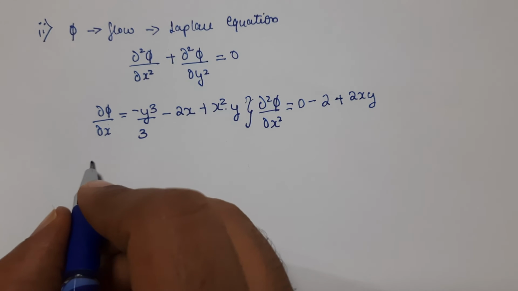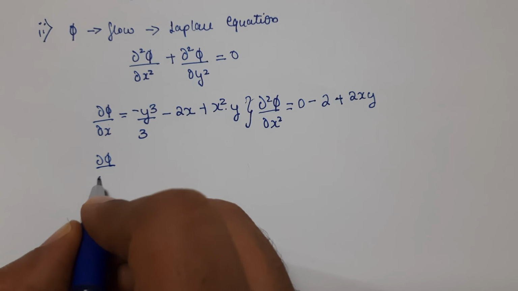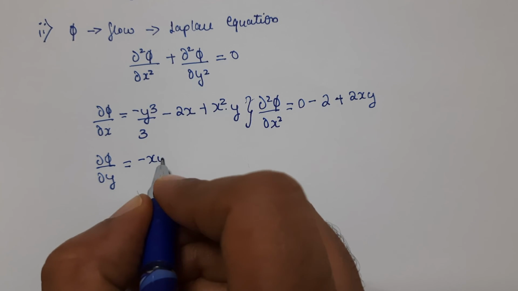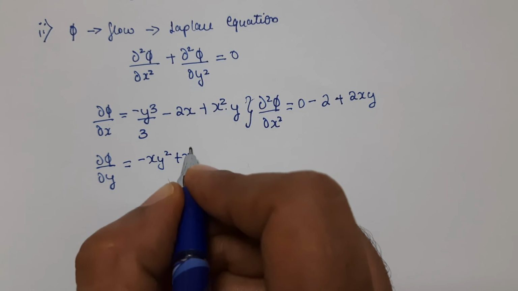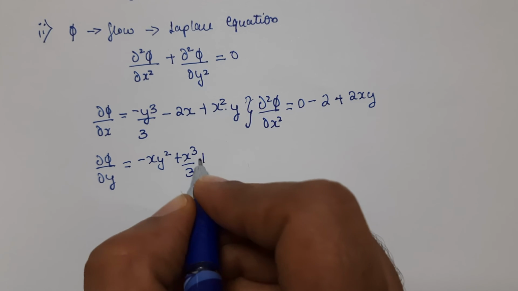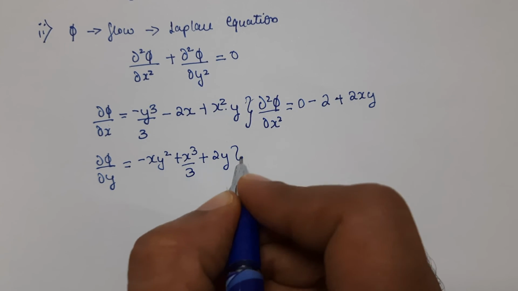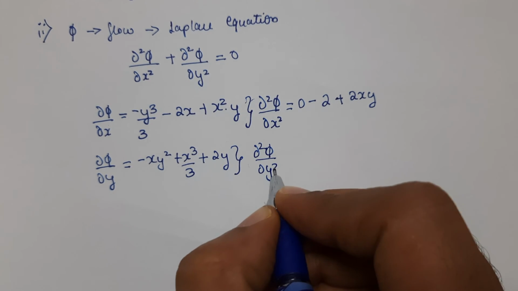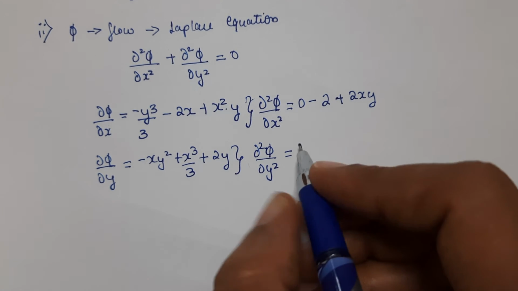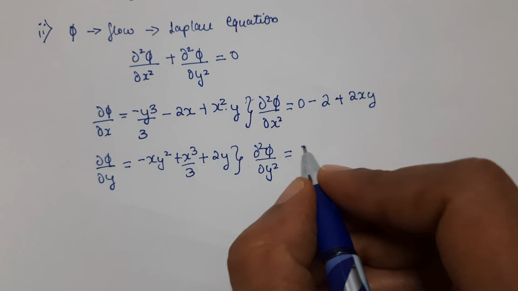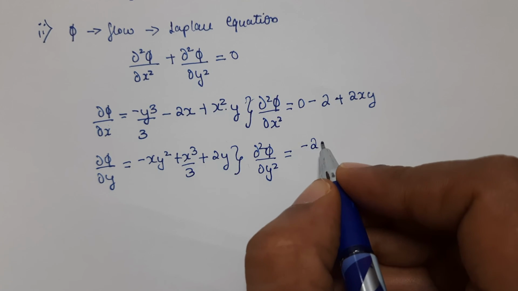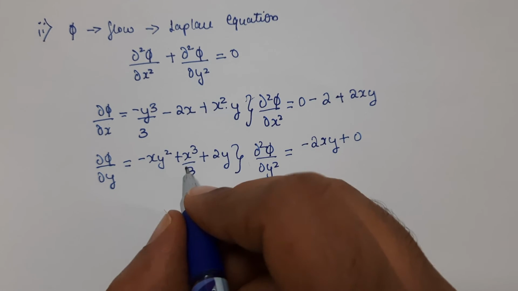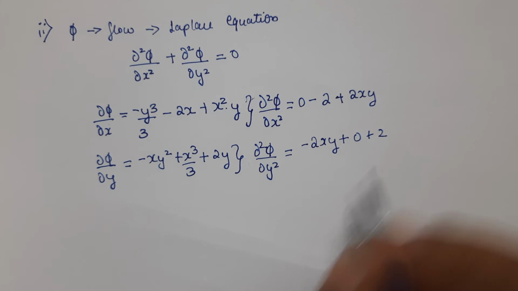Okay, then dou phi by dou y is equal to minus xy square plus x cube by 3 plus 2y. Again dou square phi by dou y square, differentiating with respect to y, you will get minus 2xy plus 0 plus 2.